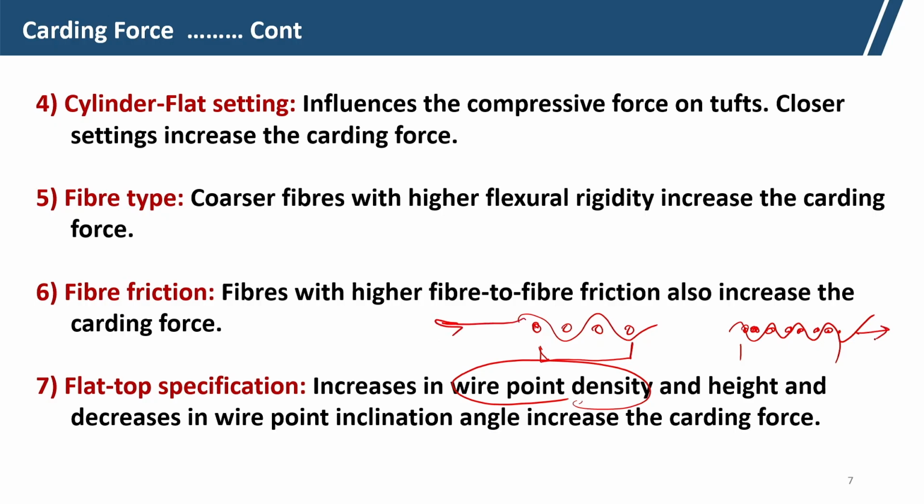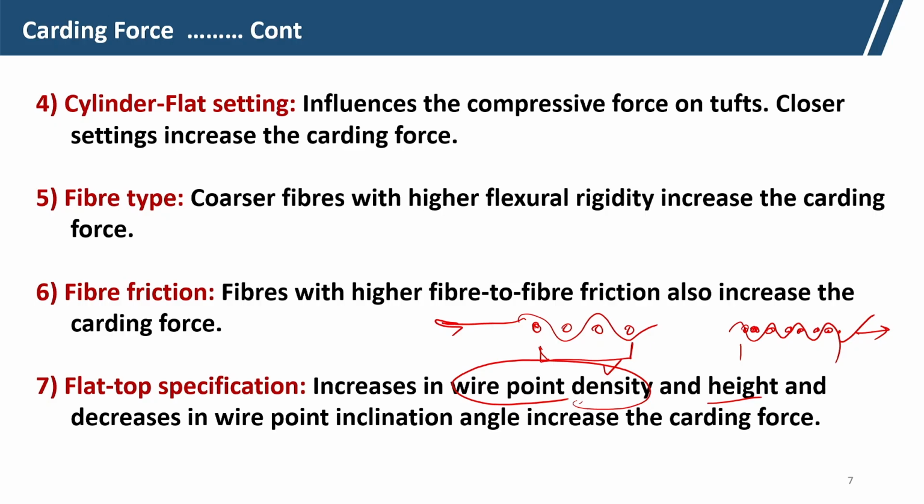in both the cases, the one with the higher wear point density is actually coming in contact with more number of wear points. That means the frictional force will be high and it will require higher force to get segregated. So, carding force increases with the increase in wear point density and height.